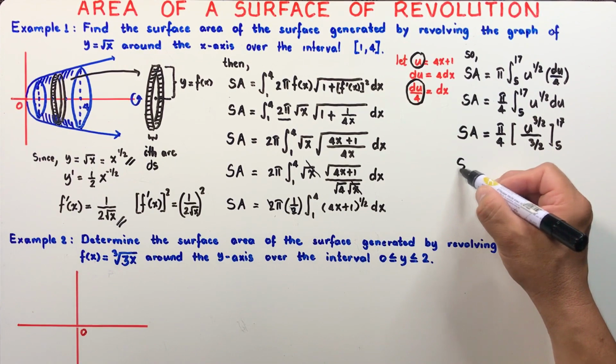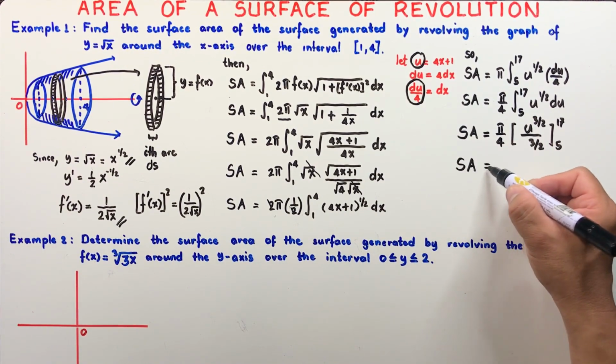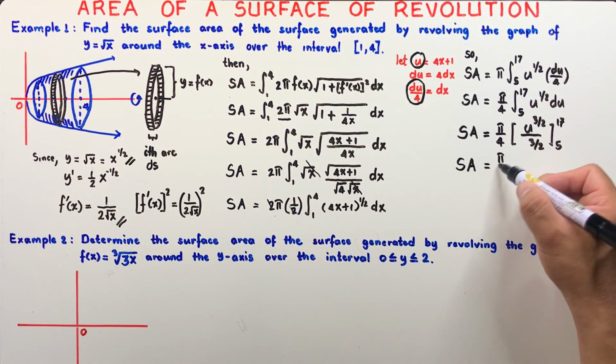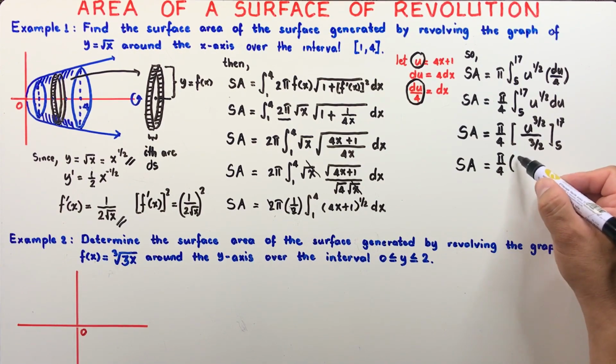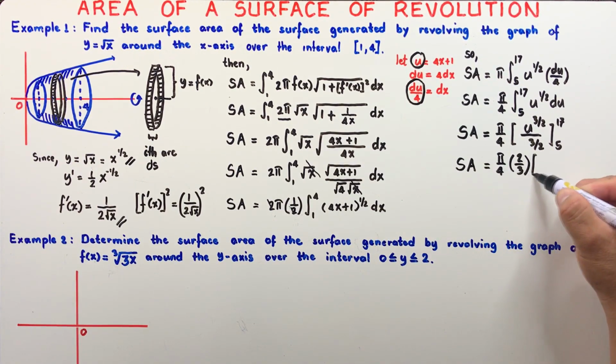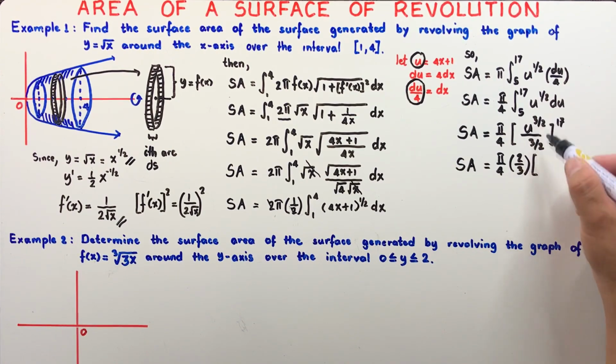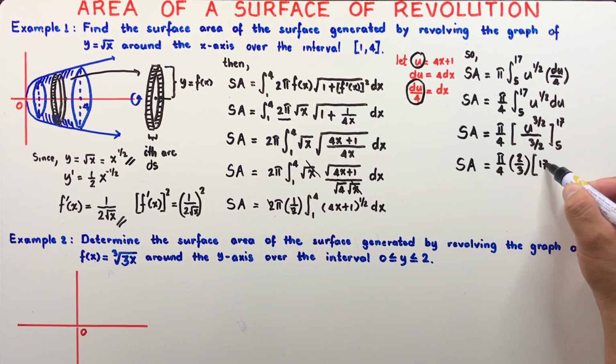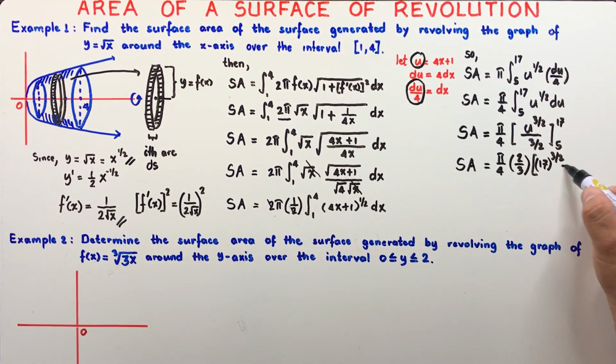So therefore, our surface area is equal to pi over 4 times 2 over 3. And this will be multiplied by this u to the power 3/2, substituting the upper limit here. So this is 17 raised to the power 3/2 minus 5 raised to the power 3/2 also here.